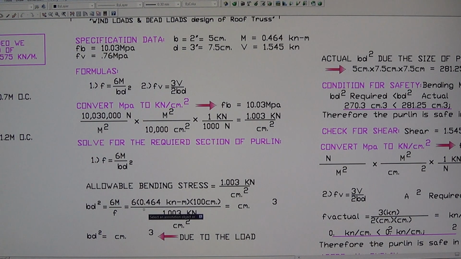6 multiplied by 4.64 multiplied by 100 divided by 1.003. The bd square now. So we're looking for the bd square there. This is from our formula here. We manipulate this formula, so we can solve for bd square by cross multiplying this.